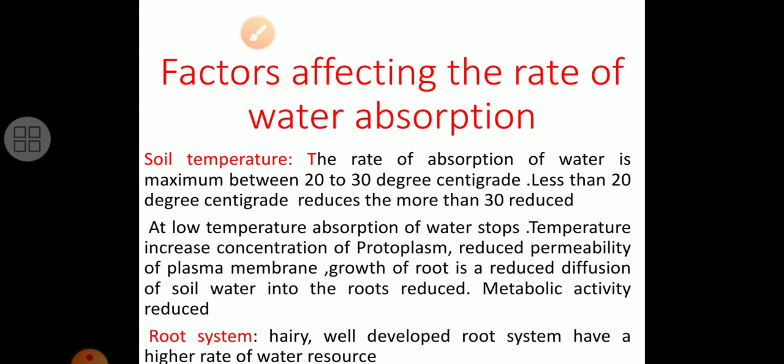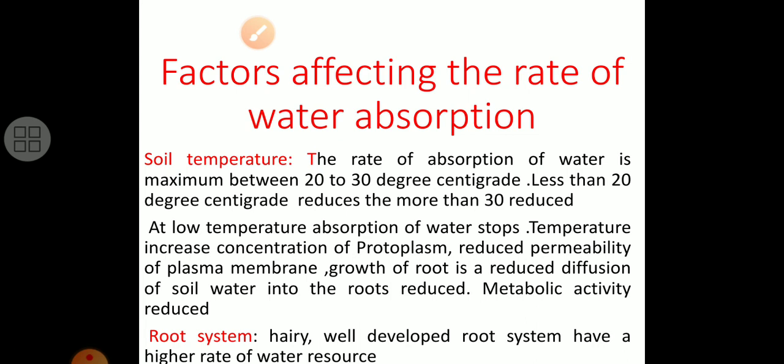At low temperature, suppose there is 1-2 degrees centigrade or 5 degrees centigrade, definitely the rate of absorption of water stops, no absorption of water. Temperature changes increase the concentration of protoplasm, reduce the permeability of the plasma membrane, and growth of roots is reduced.